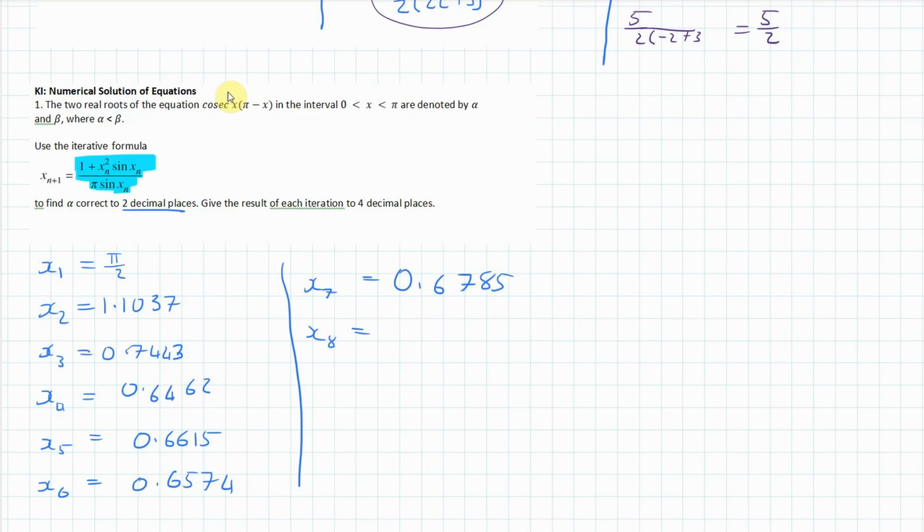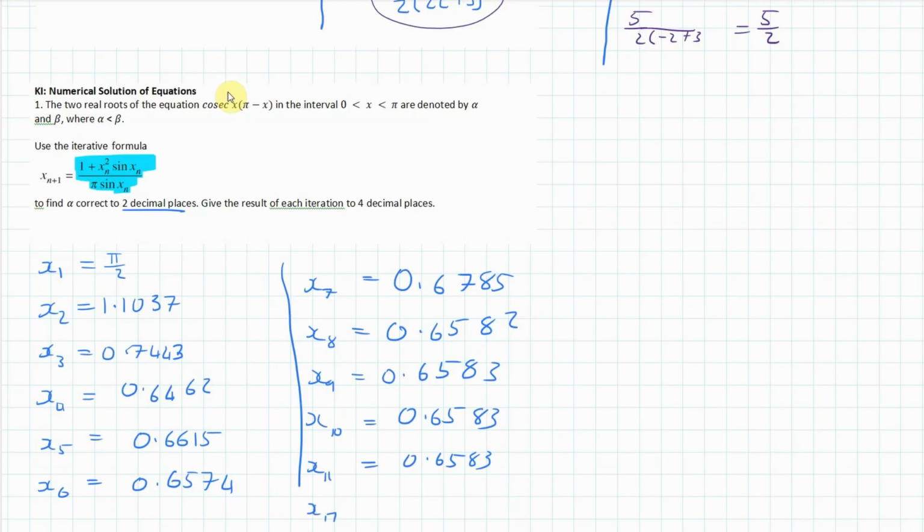You can see it's getting closer and closer to a stable answer, 0.6582, x9, 0.6583, x10, and I always like to go a few more just to, you really want to make sure that you've got no more change happening, and I see that when I even do x12 I've got it.